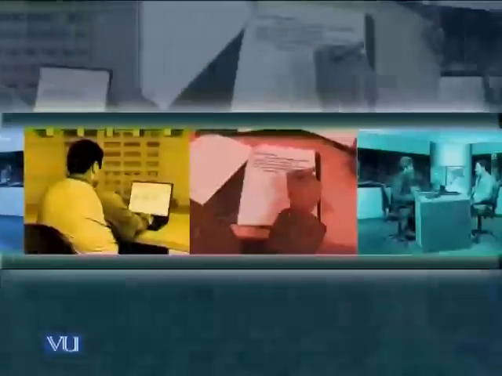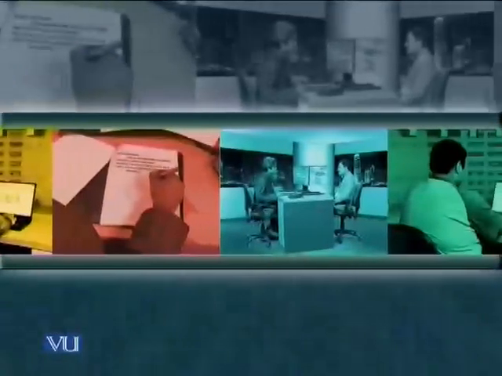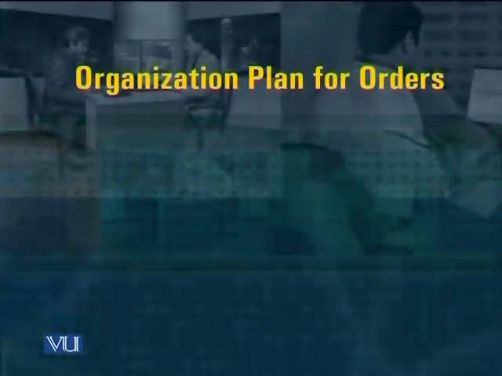So it's important that you mention why the order must reach you by a certain time, and it's better to include the occasion. It may be Eid, it may be Christmas, or any cultural or religious occasion. So this is the organization plan that helps us write an order letter.